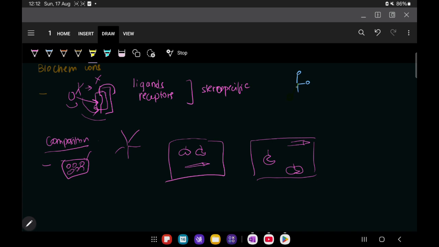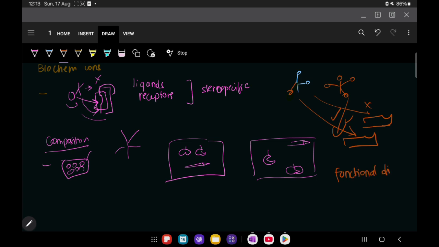Made of the same things but having different structure, this would respond to this but not to this, and this would respond to this and not to that. So this overall is increasing your functional diversity, right?